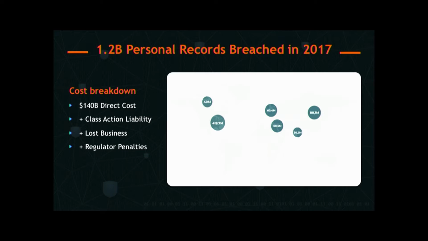I don't want to get too much into this because there's a lot of information about it, and there have been a few significant breaches in the past couple of years, like Equifax, and a couple more. But this is an idea of the financial impact. I think it's even more significant. It's very difficult to measure the business impact when your personal records are leaked, or some sort of leak of personal data.